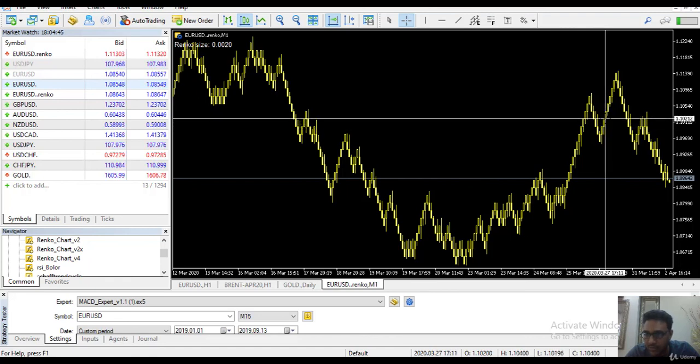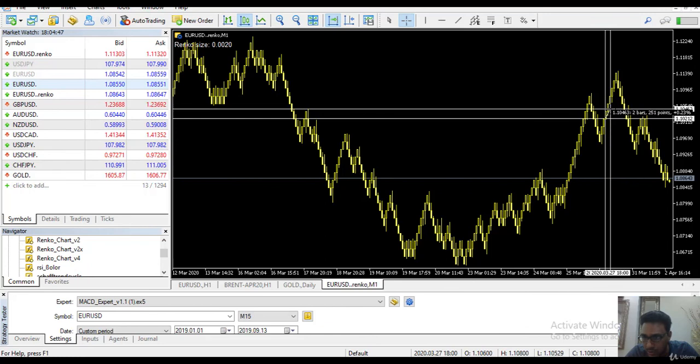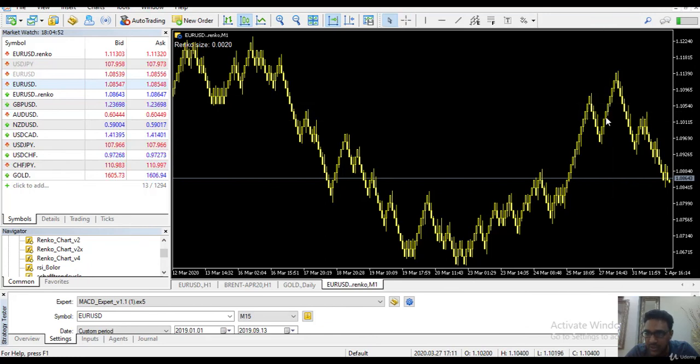It has moved almost 3 bricks, so 600 points. These 3 bricks, 1, 2, and 3, represent the 1 hour time frame on our 200 pips brick size, right? So this is how you can use brick sizes or Renkos in our charts.